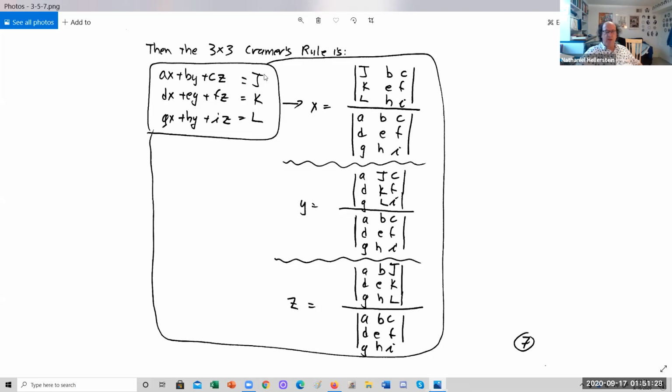And for X, the first variable, you put the JKL in the first column and inherit the rest from below. For Y, the second variable, we put the JKL in the second column and bring up the other numbers from below. And for Z, the third variable, we put JKL in the third column and bring up ADG, BEH from below.